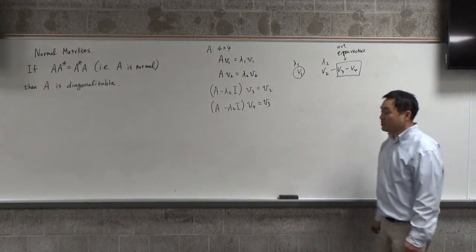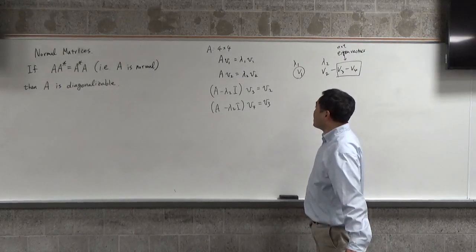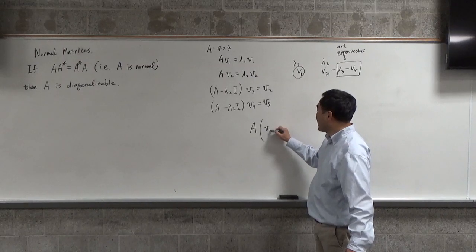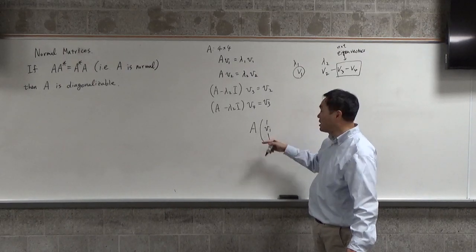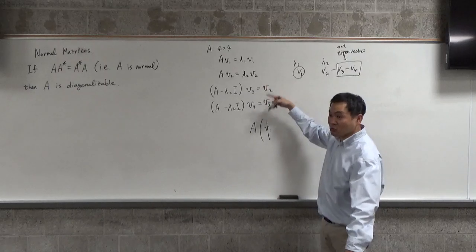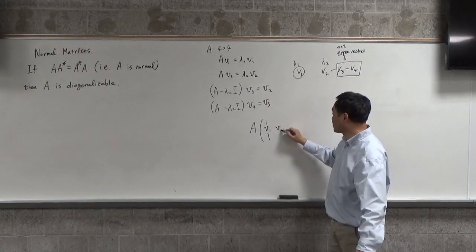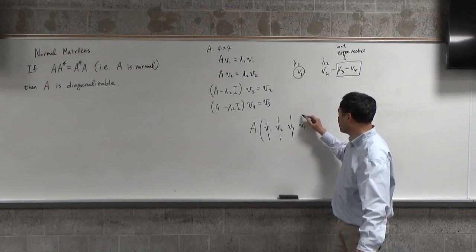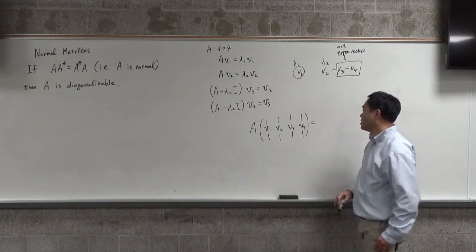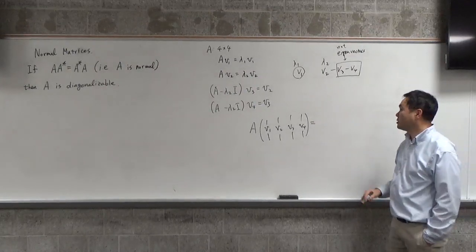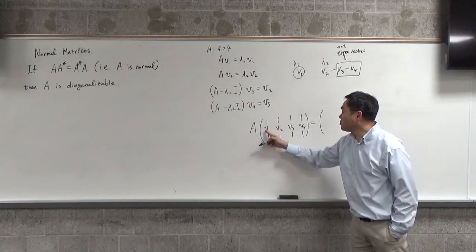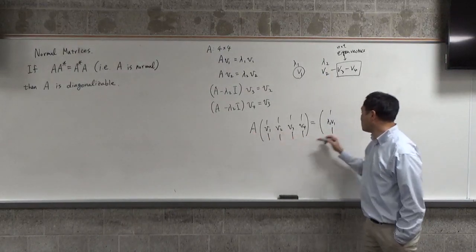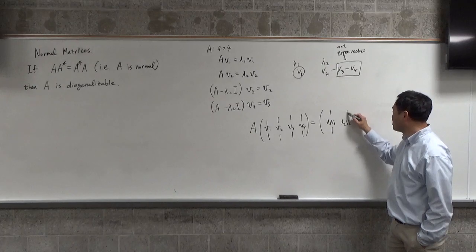Now, in such a case, if you multiply A by the matrix P formed by taking all these generalized eigenvectors as column vectors, then A times v1 will be simply lambda 1 v1, and A times v2 will be lambda 2 times v2.